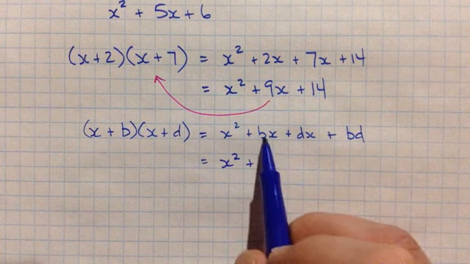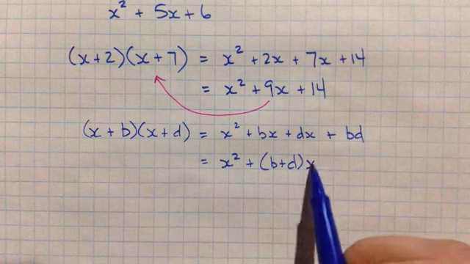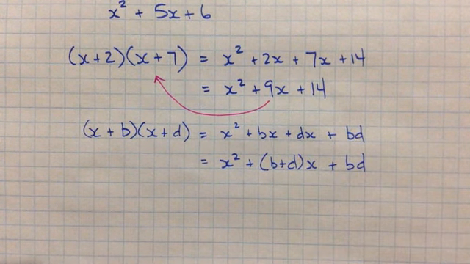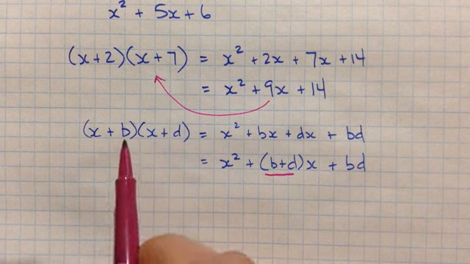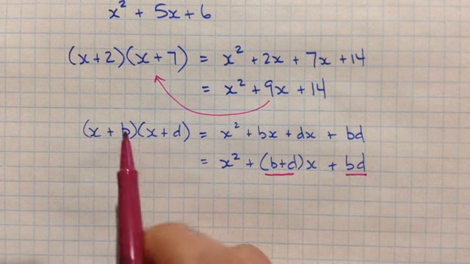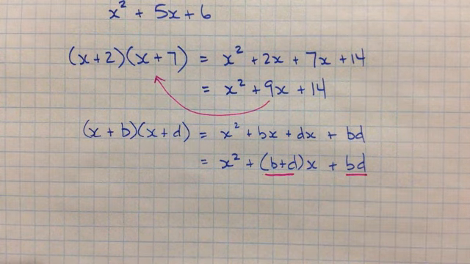X squared plus b plus d times x, did a little common factoring of the x there, plus b times d. So my final expression then has b plus d. These two numbers add together to give me this coefficient, and b times d, the two numbers multiply together to give me the constant term at the end.